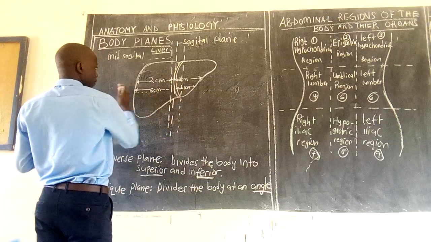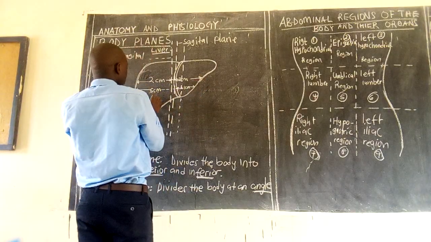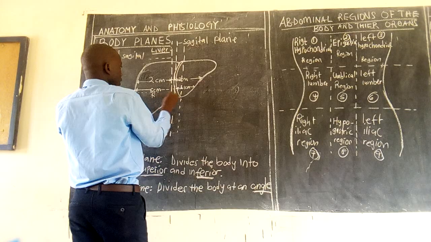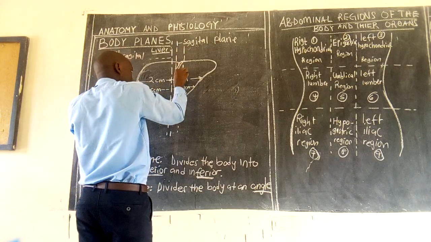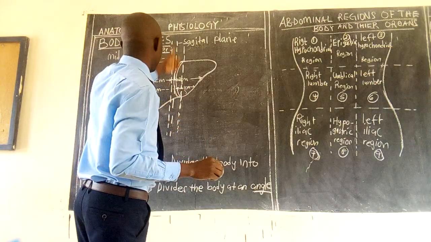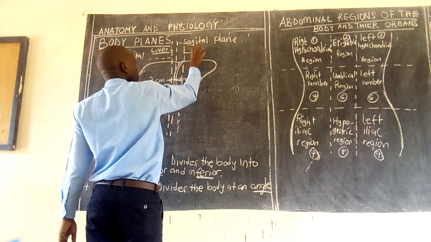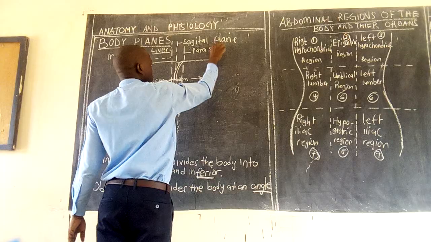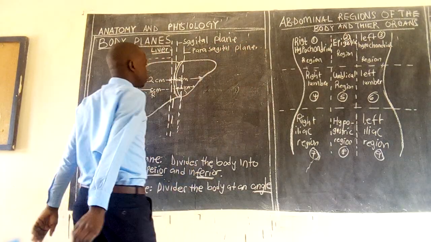So I have 5 centimeters this side, and 1 centimeter this side. Meaning the right is bigger, the left is smaller. So where I make that line, when these parts are not equal, that is the parasagittal plane.